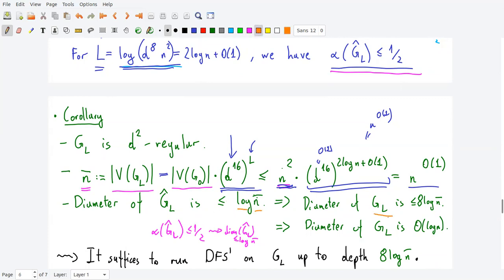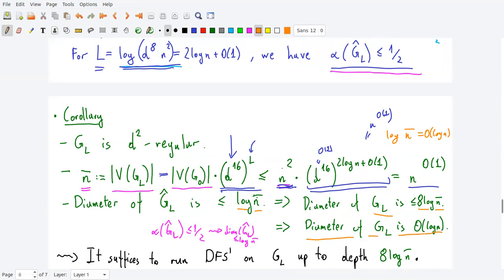So what about the graph GL? Well, GL hat is nothing else than GL to the power 8. So if I can reach every vertex in GL hat in some number of steps, in GL I need at most 8 times more steps, because edges in GL hat are walks of length 8 in GL. So the diameter of GL is bounded by 8 times the logarithm of the number of vertices of GL, and because this is order of log n, the diameter of the final graph is logarithmic in the number of vertices of the input graph.